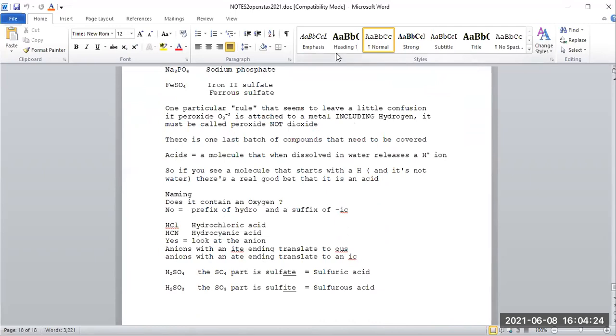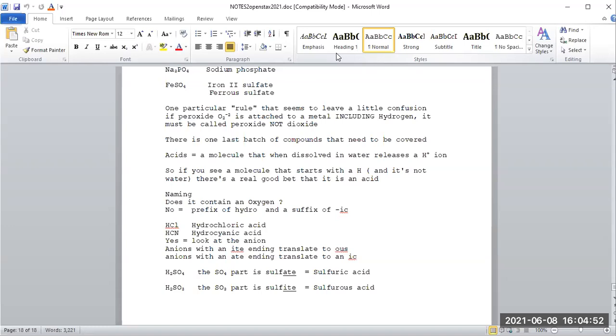Part of the deal with the acids, especially for this semester, is if you see a molecule that begins with one or more H's, providing it's not actually a molecule of water, it should be some form of acid. A lot of the acids contain oxygen atoms, and some of them do not.